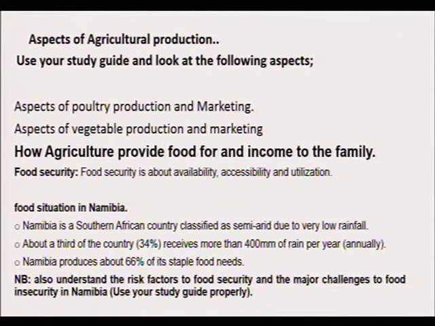So what are those? Food insecurity is when we lack access to food or when food is not available. As Namibia is a dry country, I want you to go deep in your study guide and look at the major challenges to food insecurity in Namibia.